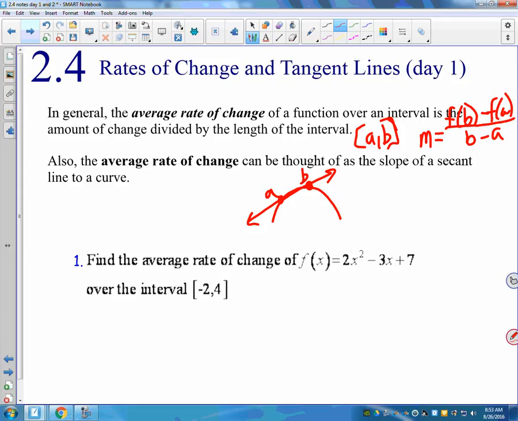So when I say find the average rate of change for this curve, which is a parabola, from -2 to 4, I can find the slope of that secant line that I could draw through there.